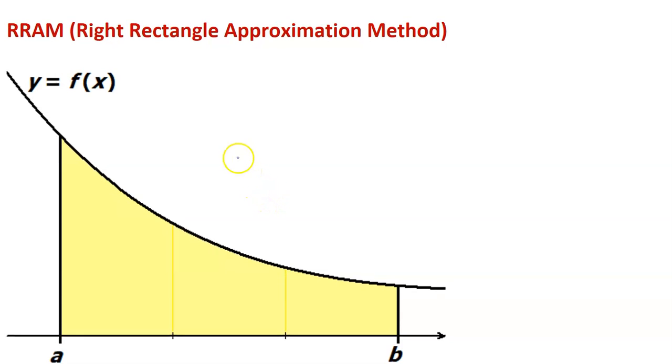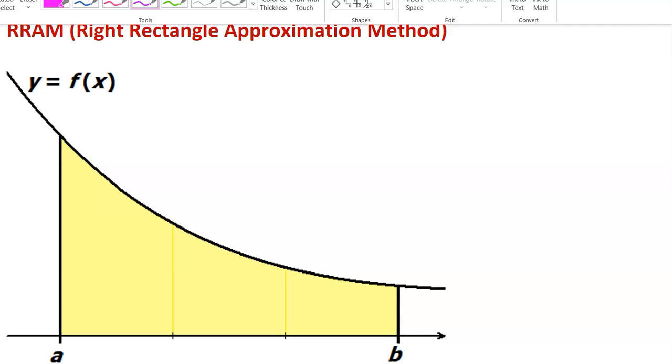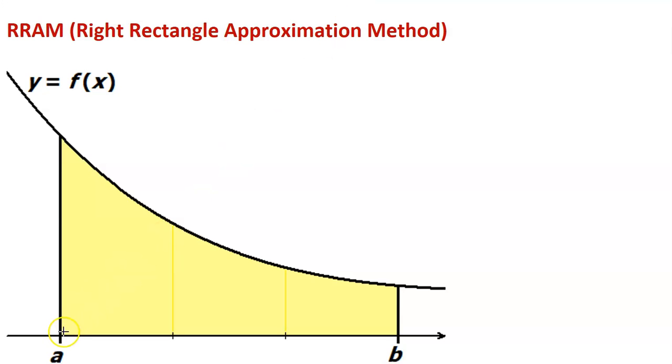The second method, you can almost guess what I'm going to do for the right rectangle approximation method, RRAM. That just means when I draw my rectangles, the right edge of the rectangle will be on the curve. So see how the right-hand side is on the curve.